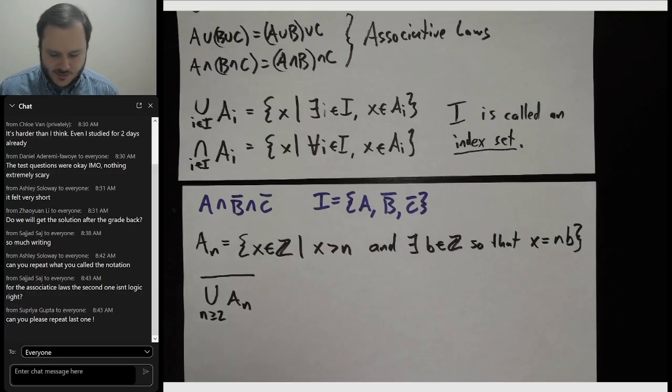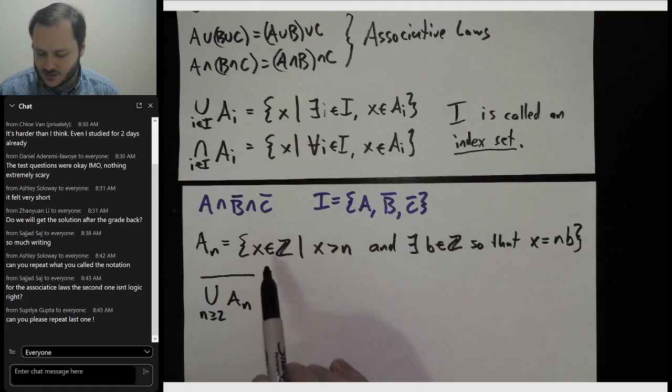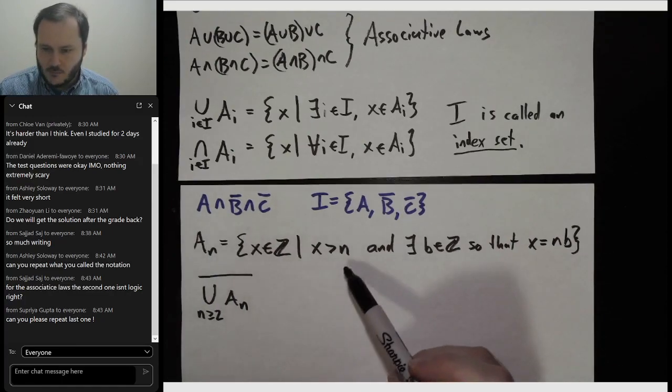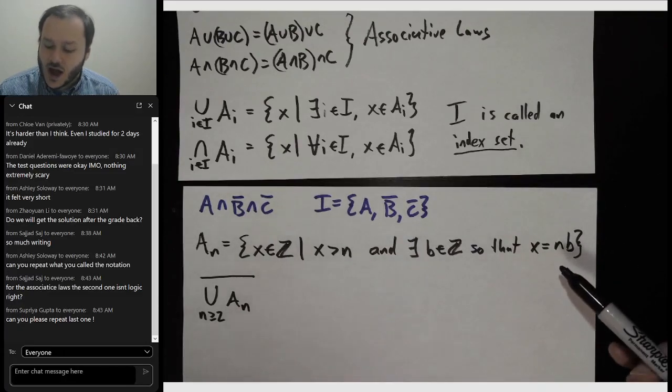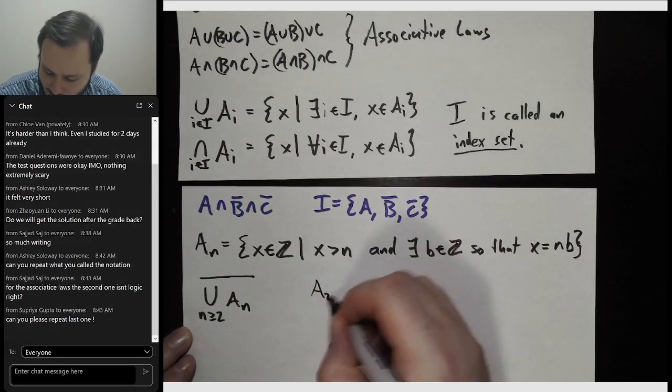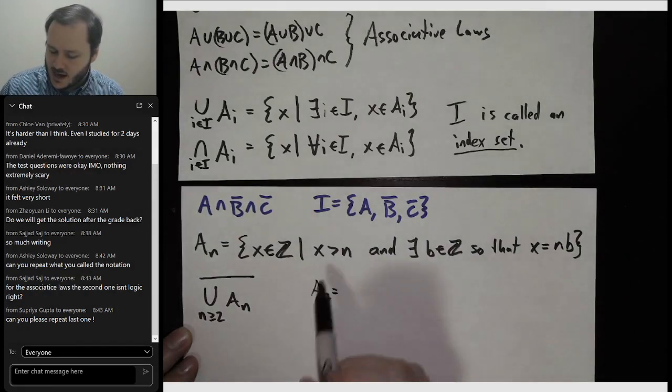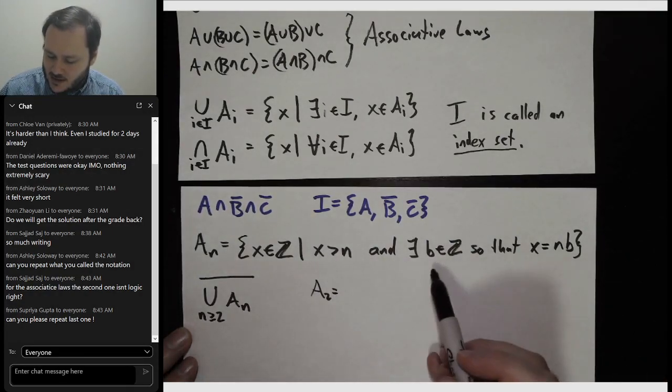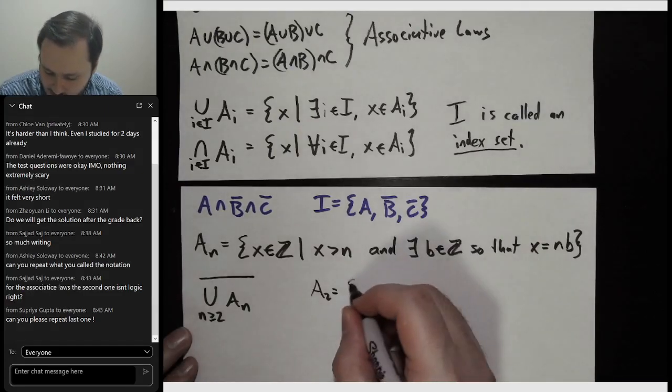So let's talk through what this means. A particular set is all of the numbers that are a multiple of n, but not n itself. So A sub 2: I need x to be bigger than n, so it can't be 2. It can't be 3, because 3 is not a multiple of 2.